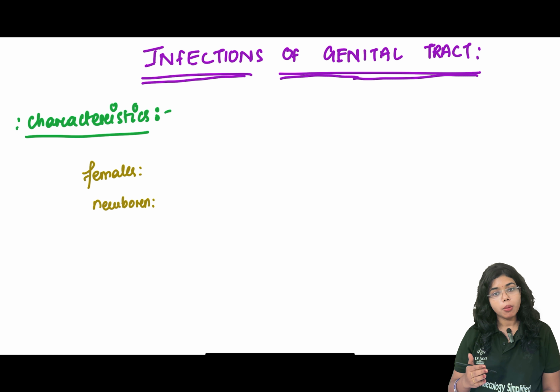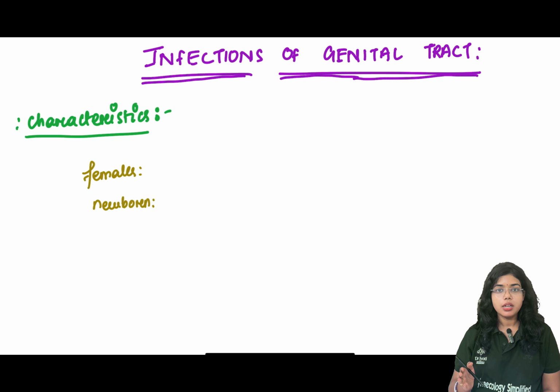From outside to inside, it consists of the vulva, vagina, cervix, then uterus, then fallopian tubes. The ovaries can also be infected. So these all constitute the infections of the genital tract.